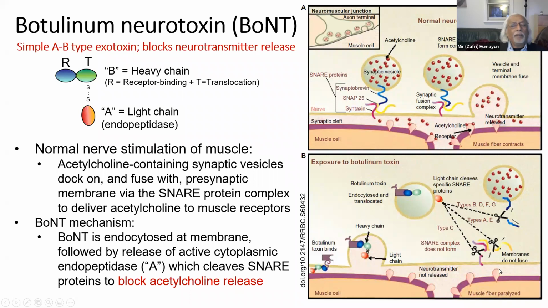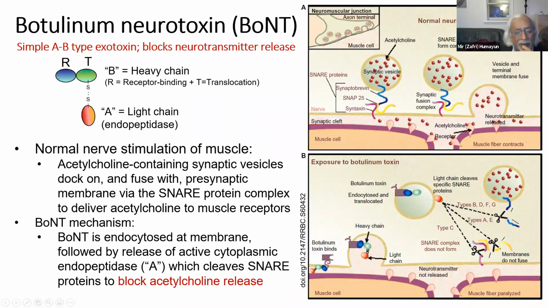So the muscle never contracts. So what botulinum neurotoxin does is block release of acetylcholine, which is necessary for muscle contraction.